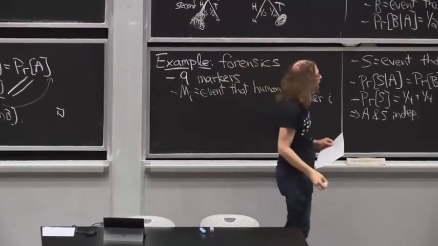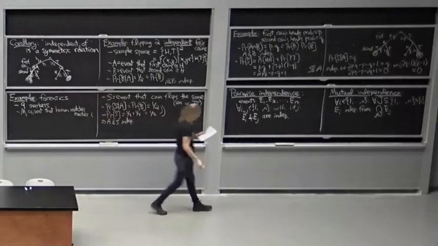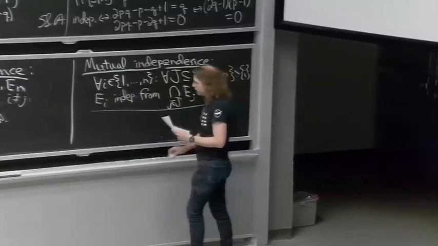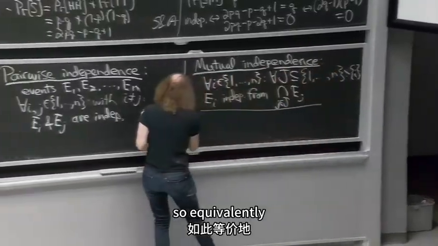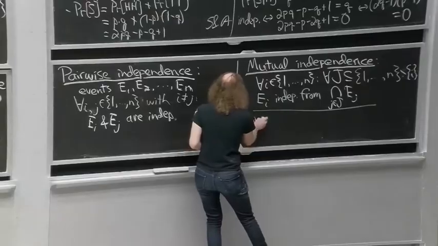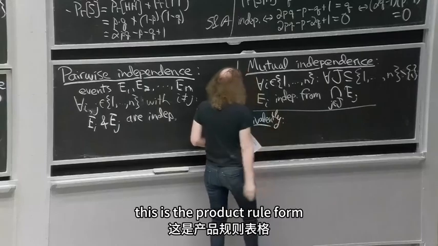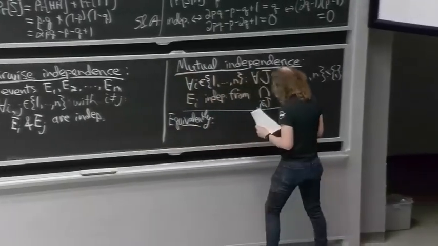Oh, yeah, I should tell you another version of mutual independence, which is useful. So equivalently, this is the product rule form.